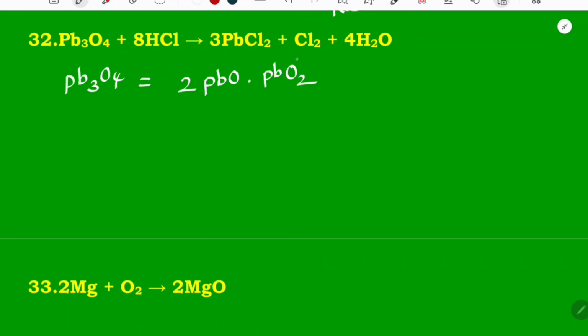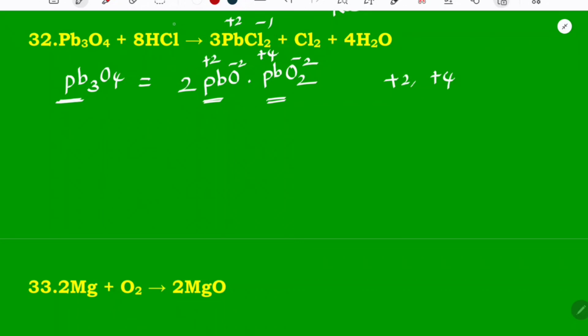So here you can observe, this is -2, here +4 will come. Here -2, +2 will come. So the same lead shows two oxidation numbers, +2 and +4. So, okay. At the same time, here you can see lead chloride, -1, +2.